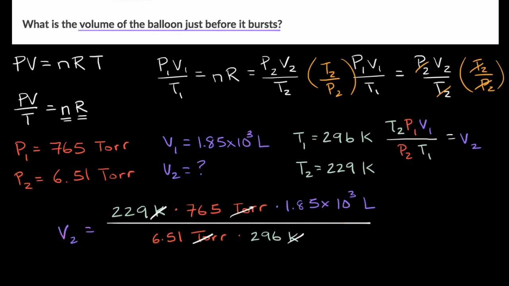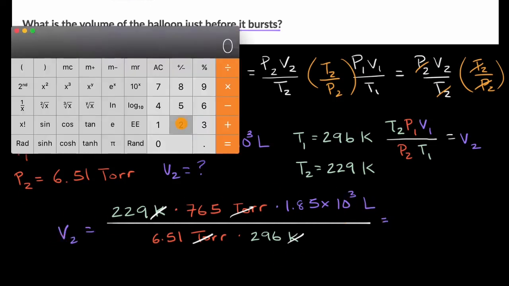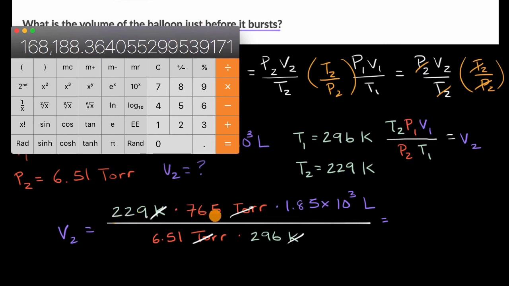So this is going to be equal to 229 times 765 times 1.85 times 10 to the third divided by 6.51 divided by 296 is equal to this business right over here. Let's see, we have 3 significant digits here, here, here, here, and there.